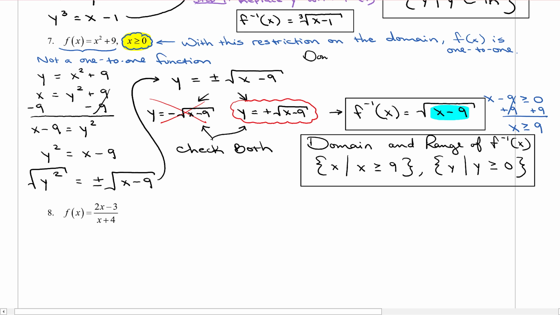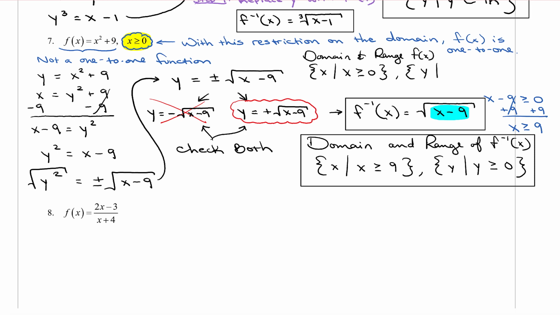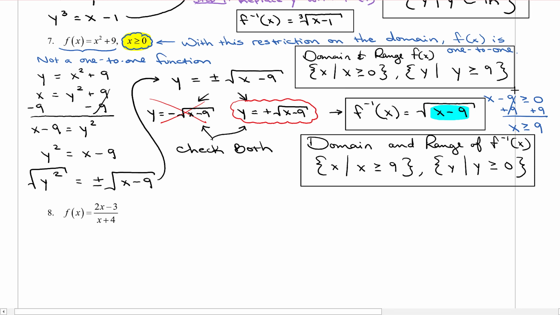My original function domain said it was the set of all x such that x is greater than or equal to 0. And the range, if you remember by looking at our graph, it was the set of all y such that y is greater than or equal to 9, right? And if you wanted to look at what we had written down for our inverse, you could do that as well.